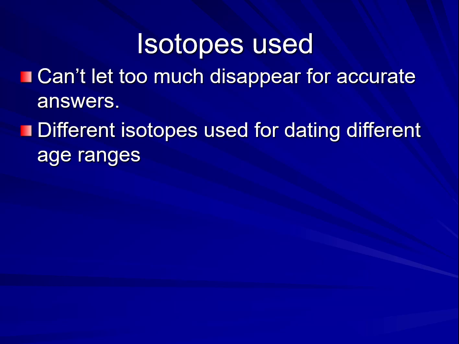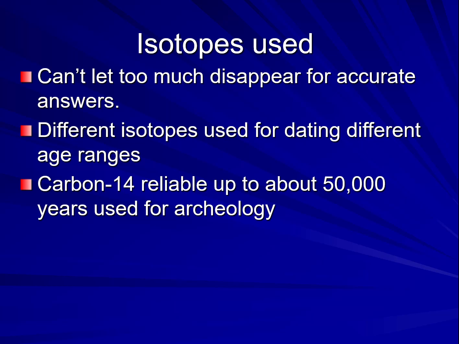Carbon-14 is only good up to about 50,000 years. It's about 9 half-lives, about as far as you can go, because you're down under 2% remaining when you've gone 9 half-lives. And that line is really flat at 2%.